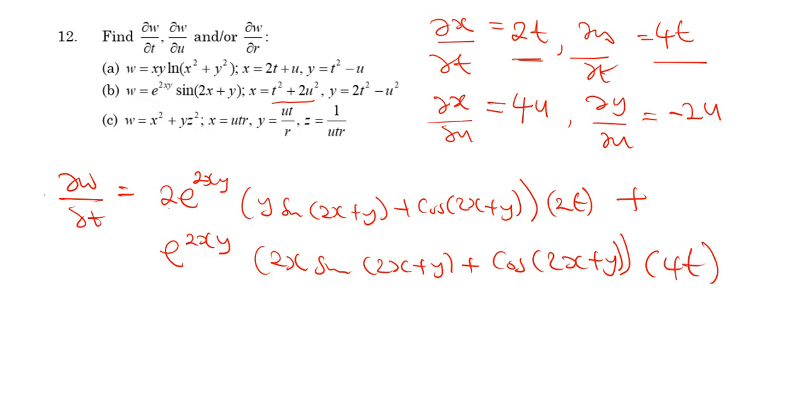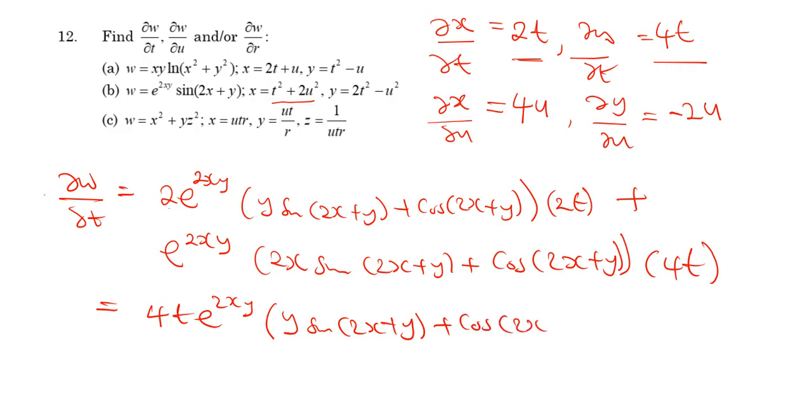So this here, clean it up, it's just going to be multiplied there. You get the 4t, the first part, 4t e to the 2xy, then that leaves you with the y here, sine of 2x plus y, then plus cos of 2x plus y, then I close that one there.